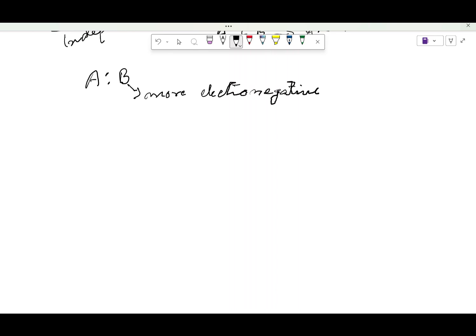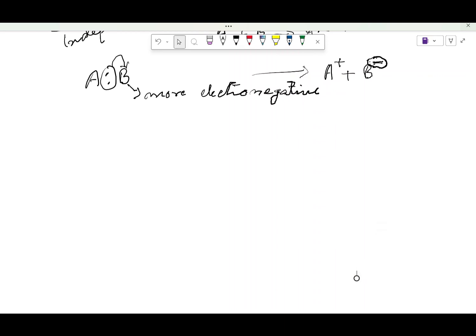In that case, the shift of the electron is more towards B. Then it will give you A with a positive charge, meaning it is deficient by a pair of electrons, and B with a negative charge, meaning it is rich with one pair of electrons.